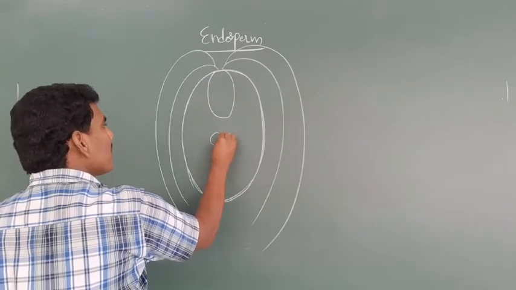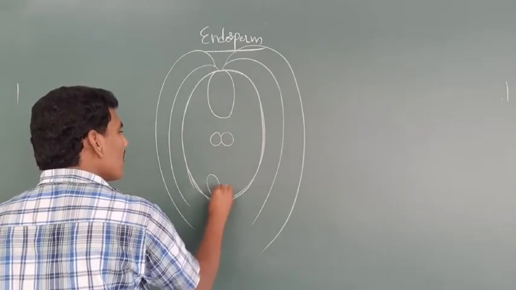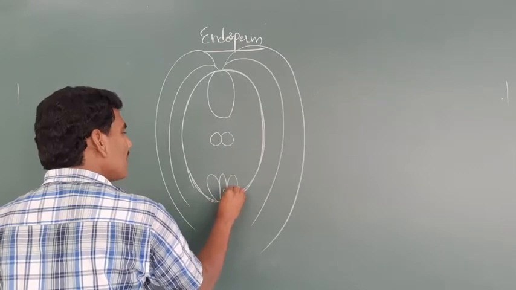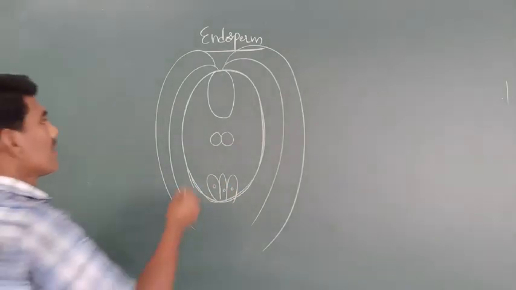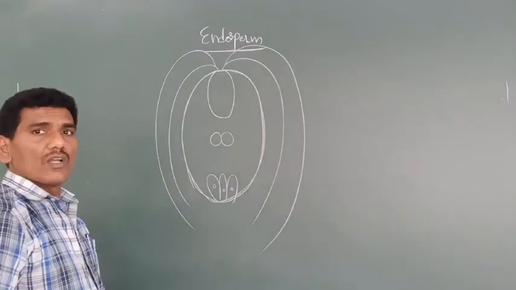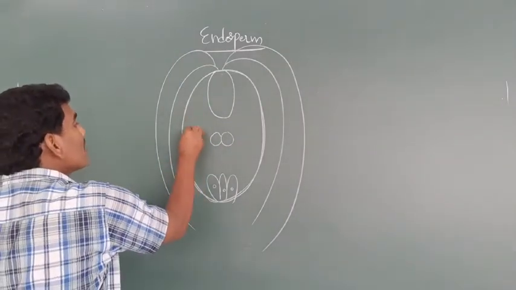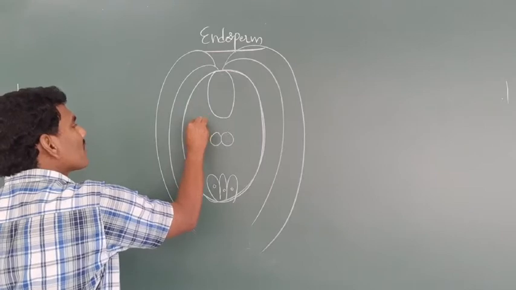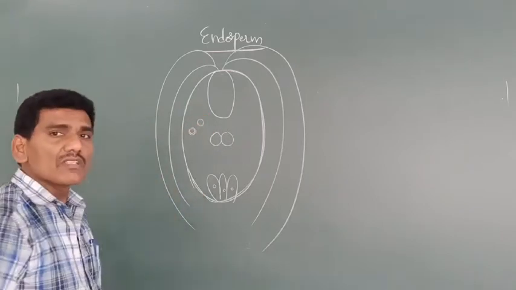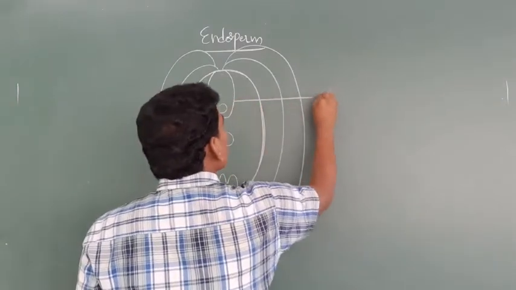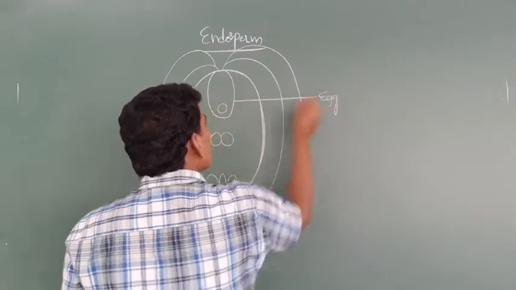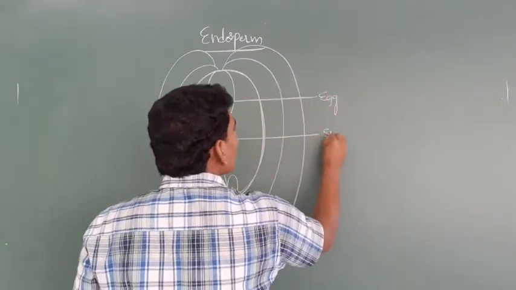This is the secondary nucleus. These are antipodals. Totally, two male gametes are released into the embryo sac.